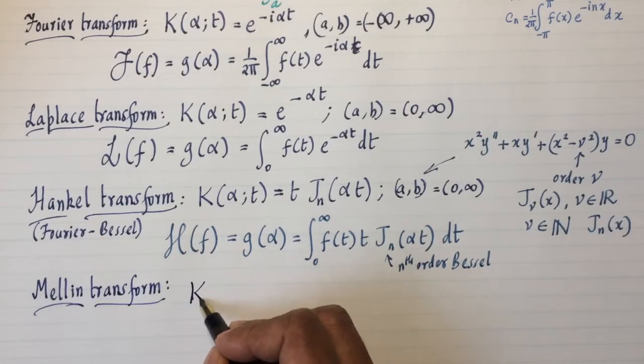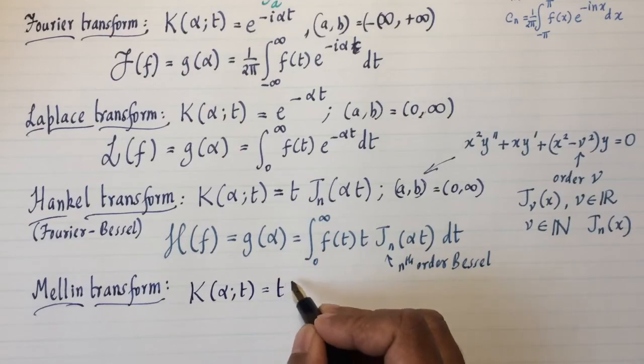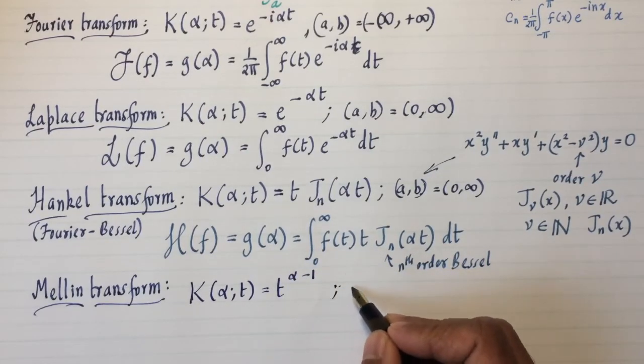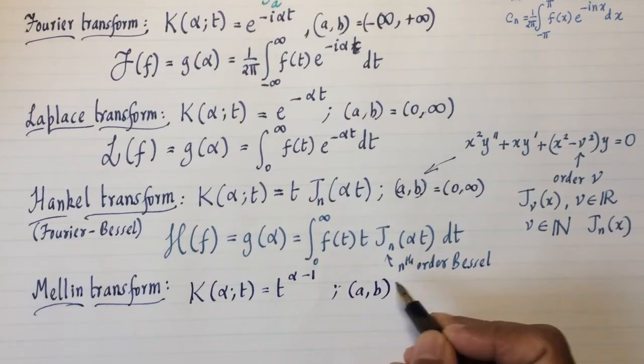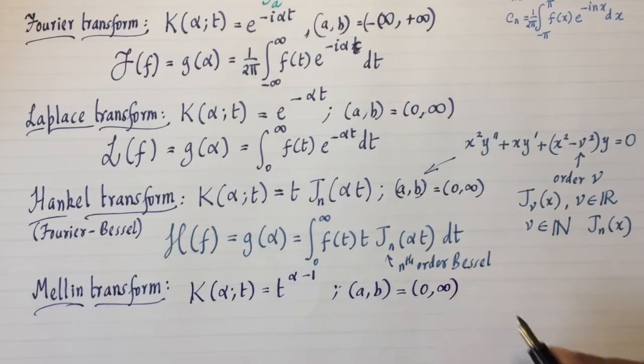So here the kernel k of alpha t is simply a polynomial, t to the power alpha minus 1. Actually, I should more accurately say it's a power function, because alpha is not required to be an integer, from 0 to infinity again. So of all these transforms that we're going to study, only the Fourier transform extends to the entire range of minus infinity to plus infinity.